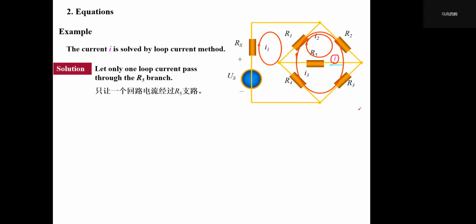It is only at the boundary of one loop, so we can assume that loop has a current of I.